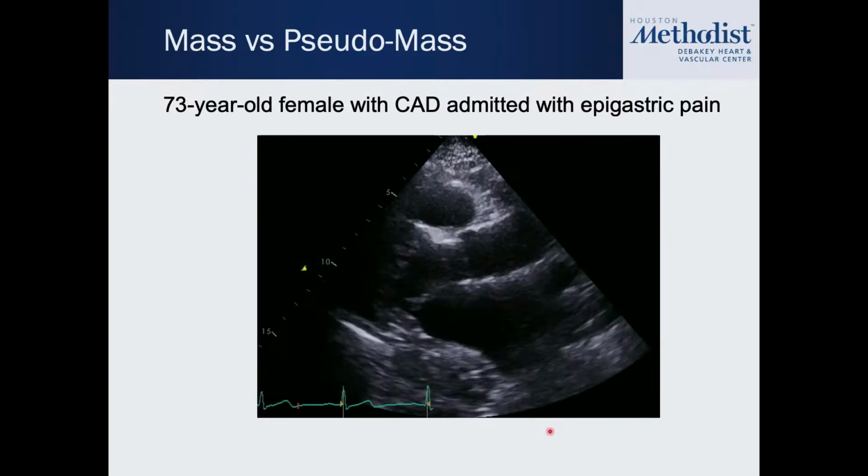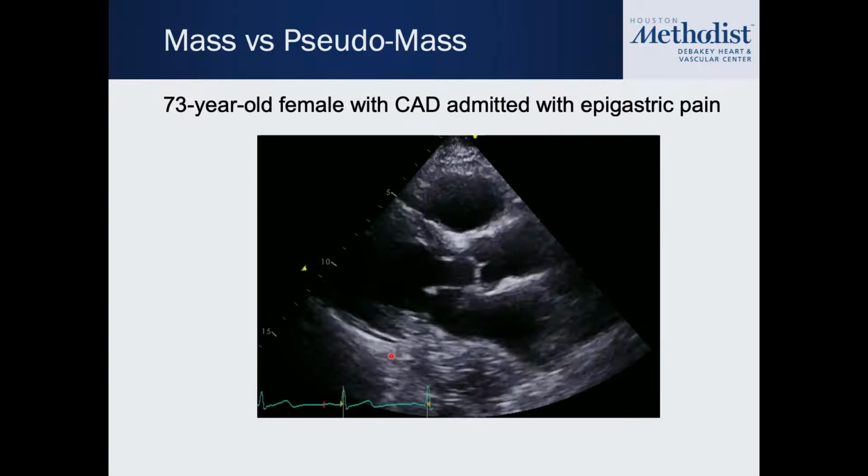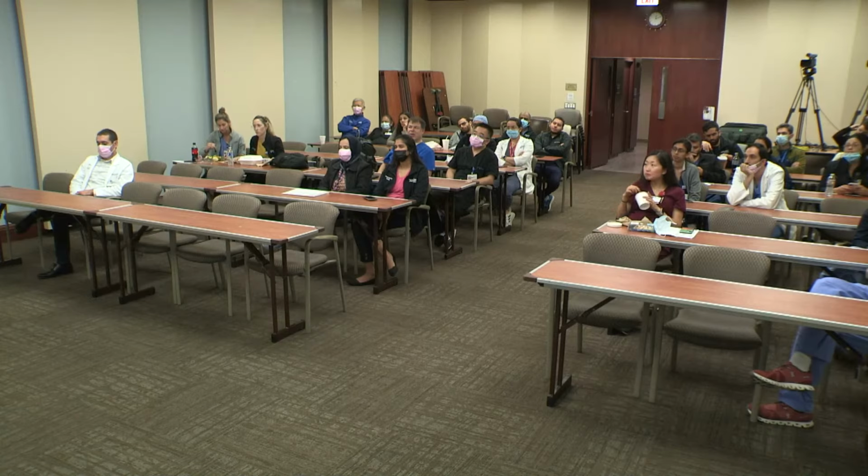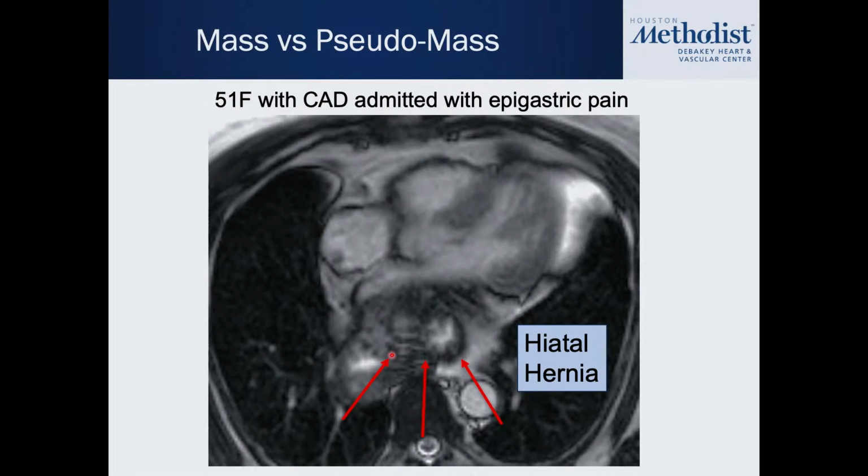This thing, right? What is this? What could it be? What is the differential? Hiatal hernia is one, and obviously you need to also always think of the descending aorta, right? If you have a descending aortic aneurysm, it can look similar. Like if it has a complicated thrombus, it can look similar. Right, so in this case, the patient got an MRI, and you can see also the hiatal hernia here, right?